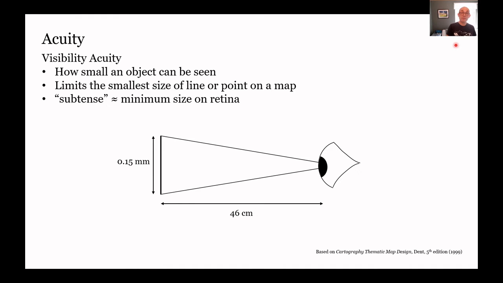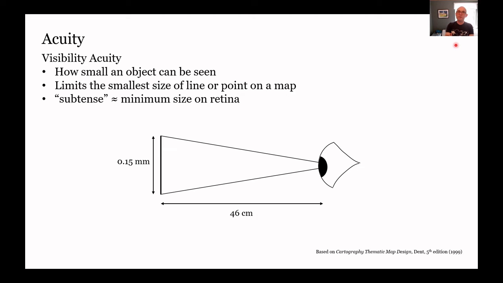That will vary from person to person, obviously, depending on how old you are and your eyesight. The older you get, the shorter your arms are. They're never long enough to see the damn thing. So this will obviously vary, but as a rule of thumb, this is what we're going to be working on.